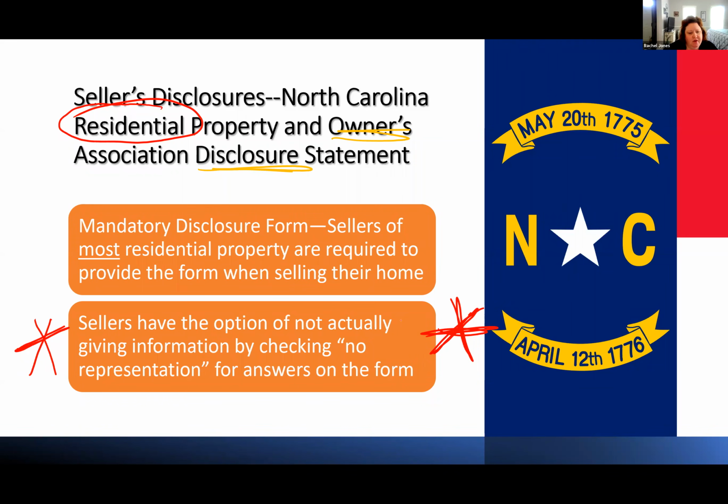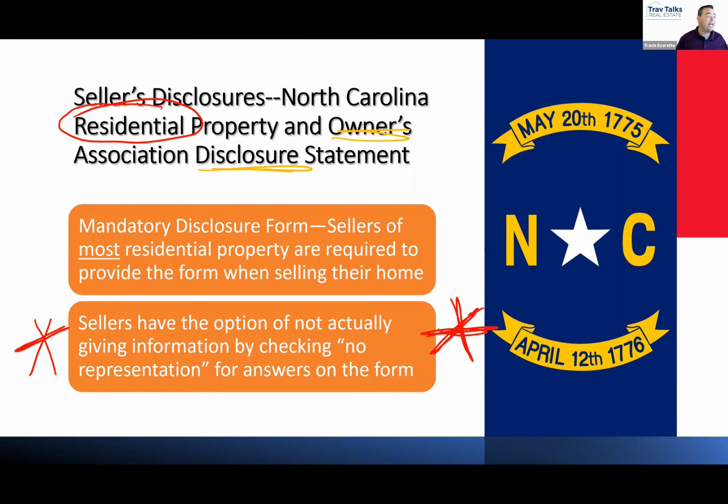No representation. And no representation does not mean there's a problem. It doesn't mean there's not a problem. It doesn't mean we know there's a problem. It doesn't mean we don't know there's a problem. If a seller checks no representation, it literally means I'm not telling you. I'm refusing to tell you.